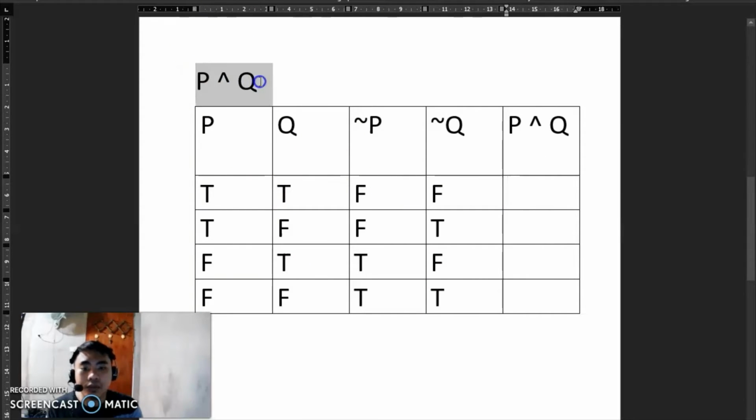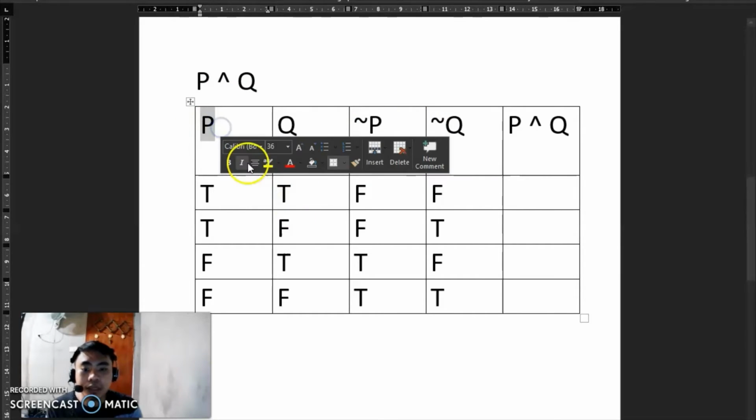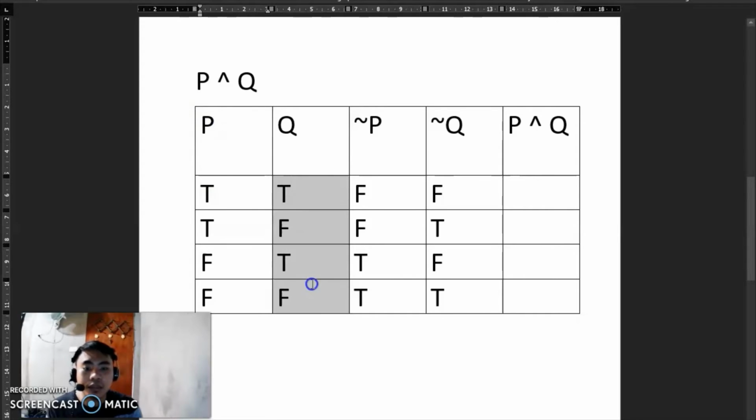Okay, balik po tayo dun sa ating board kanina. Diba, ito yung ating kinukuha, P and Q for conjunction. At ito po ang element ni P, at element ni Q. Yan po ang i-compare natin para makuha natin ang element ni P and Q. Sabi po, it is only true when both elements are true. So, in this case, ang element ni P ay true, ang element ni Q ay true, ang magiging element ni P and Q ay true din. Dito naman, ang element po ni P at ni Q ay true at false.